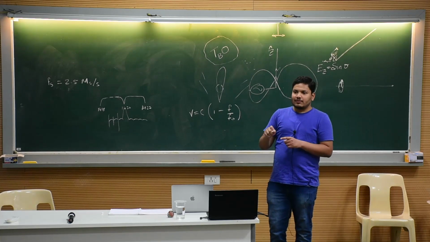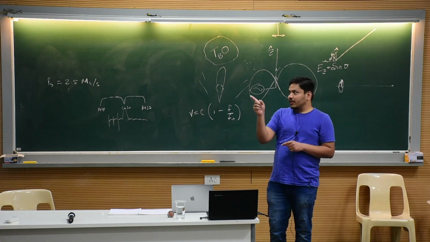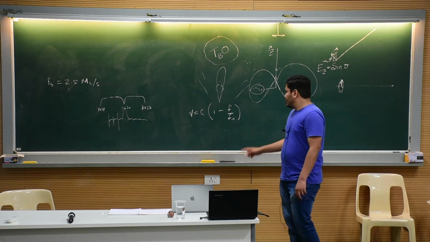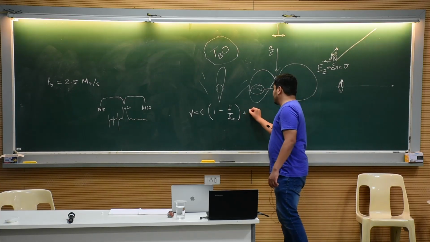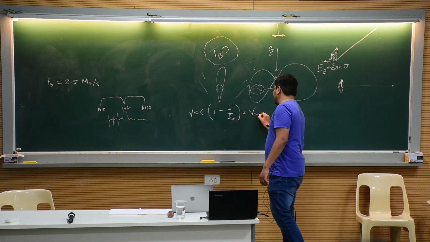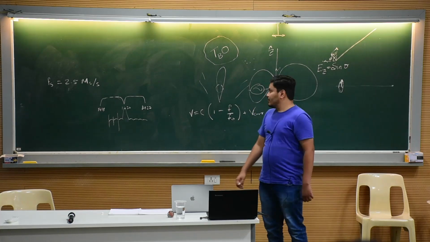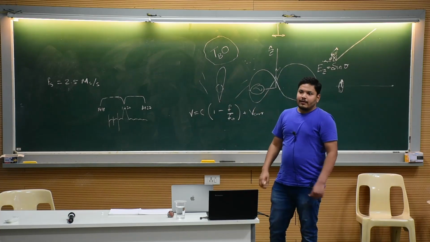So all these velocities will vectorially add and give you a correction that you have to add to this velocity, which will give you the rest frame velocity of the plot.